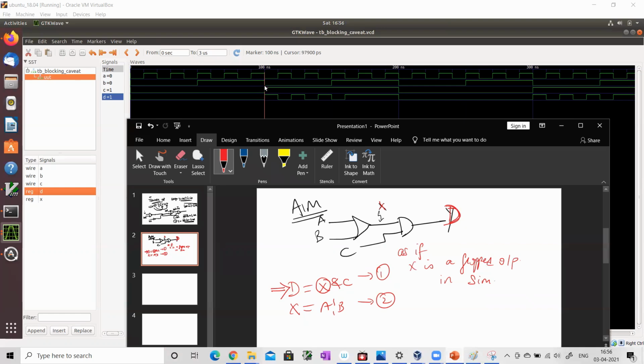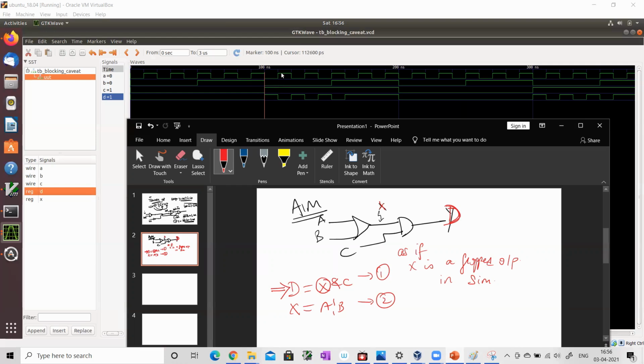The past value of X, A or B, is 1 here in the cycle before. That value is getting ANDed with the present value of C. It is as if the output of A or B is flopped and it is ANDed with C. That's how this waveform is looking. Otherwise, clearly this waveform cannot look high here.